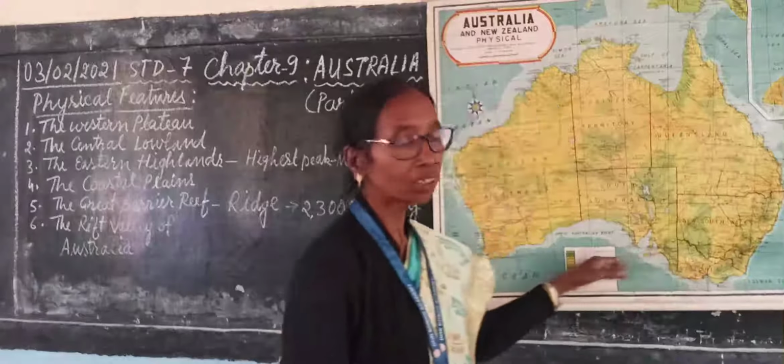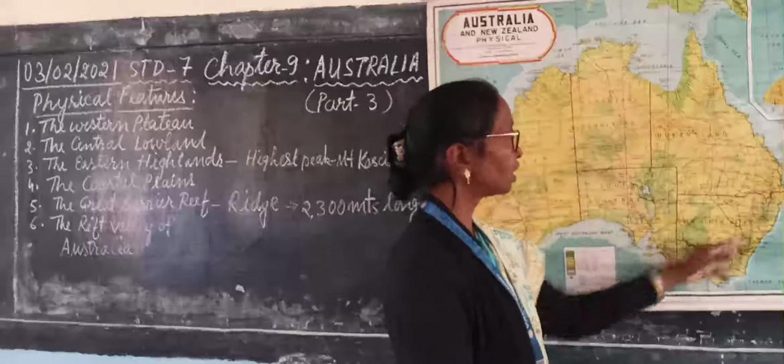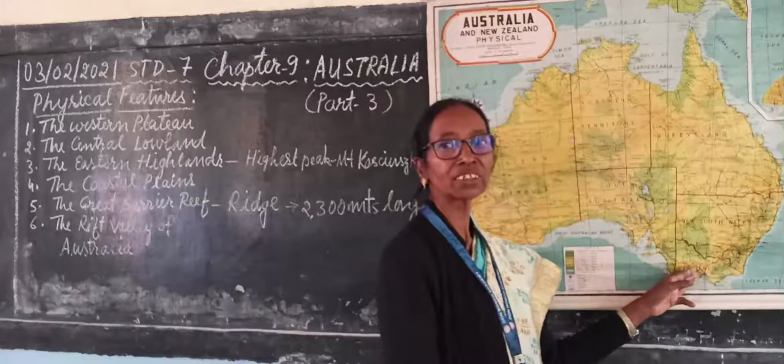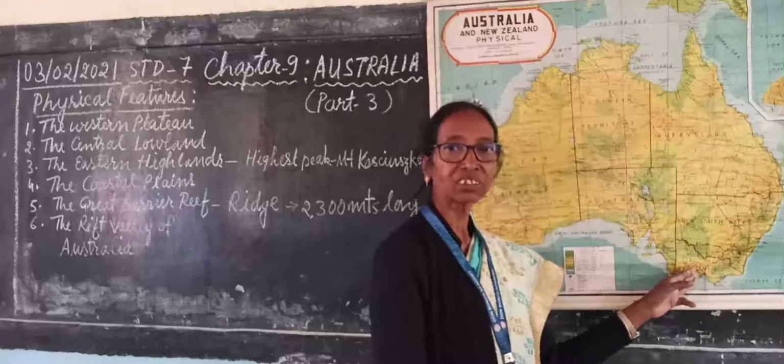It is very long, and the height of this mountain is not very high. Average height is about 900 meters. It is known as the Great Dividing Range.